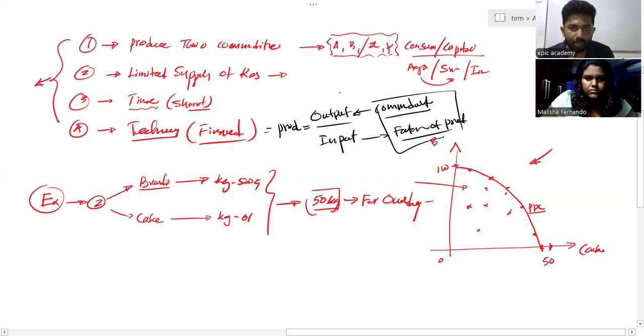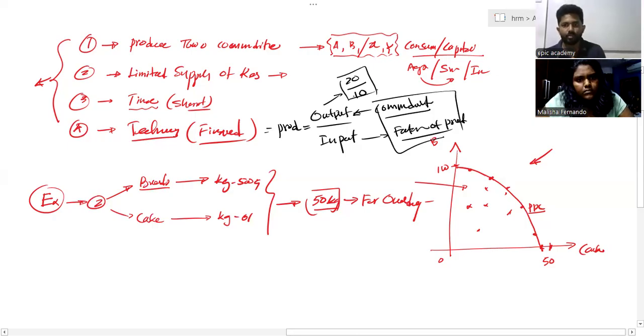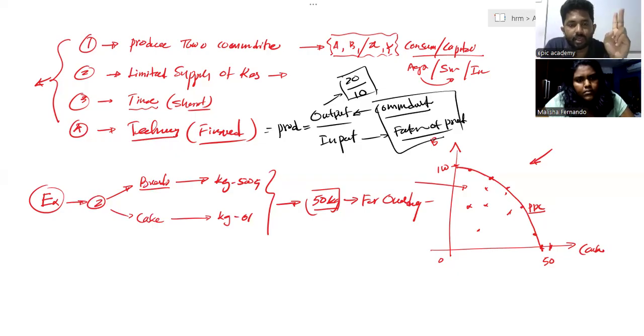As an example, you are using 10 production inputs to produce 20 outputs. So now you can identify that if you are using only one input, you can produce 2 commodities. These 2 commodities are the productivity level.